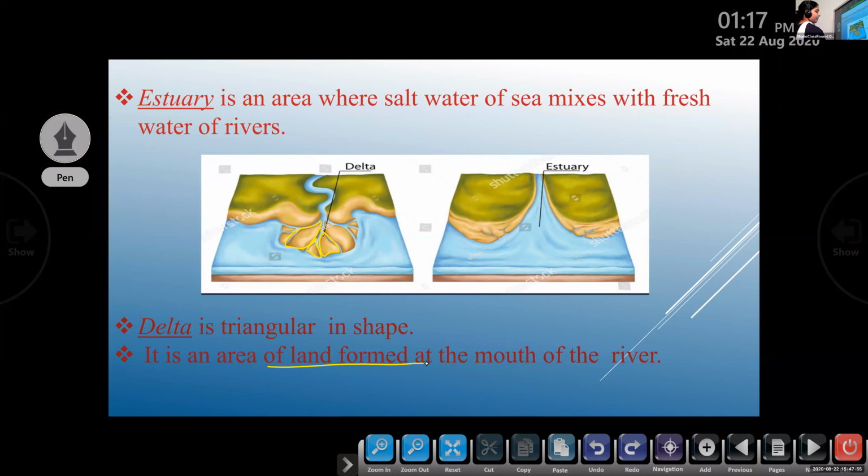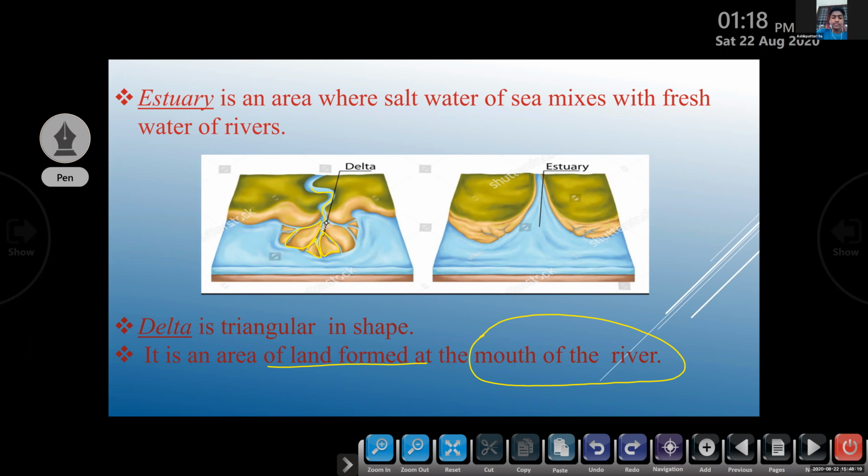What is the meaning of the mouth of the river? Mouth of the river means the point where river join the ocean or sea. Meet the ocean or sea. Good. So, at that point, you can see a triangular land. It is called delta.